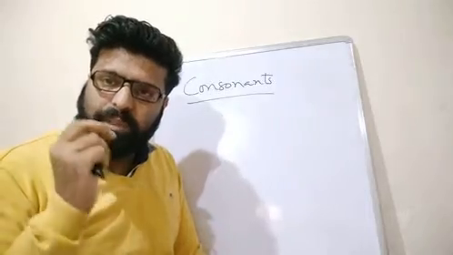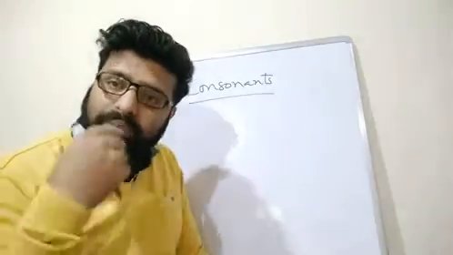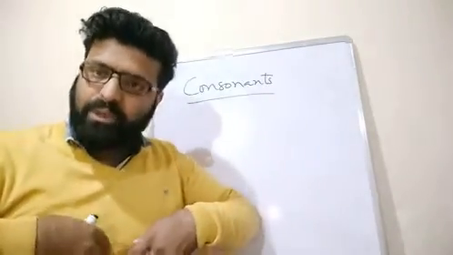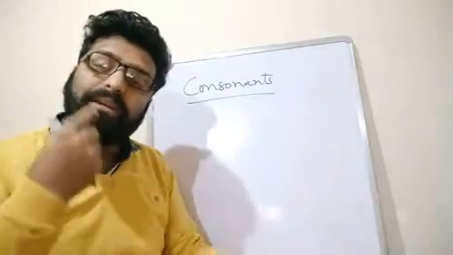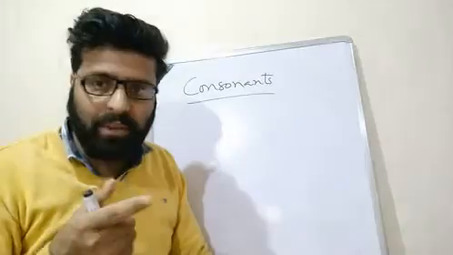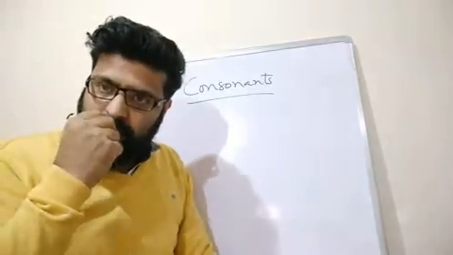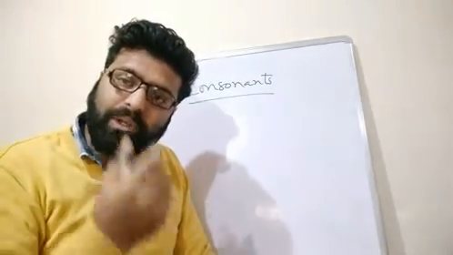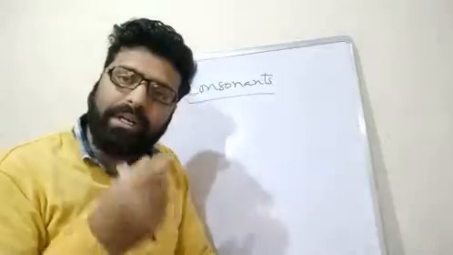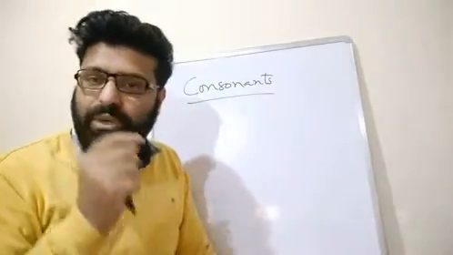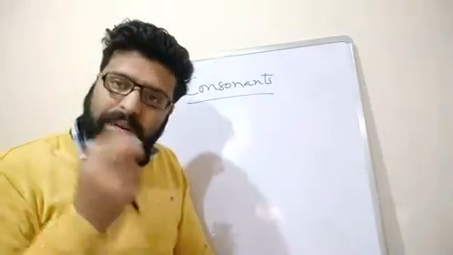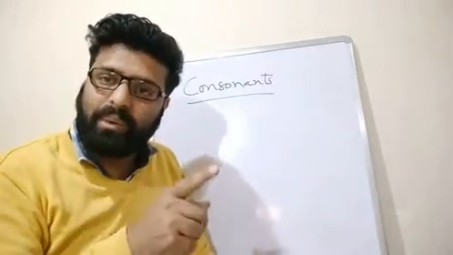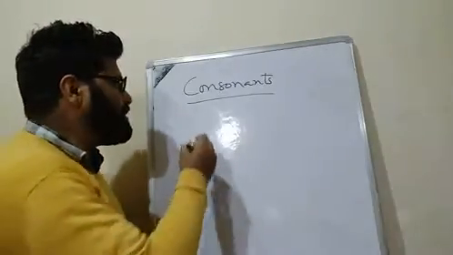Consonants are those speech sounds in which the flow of air, the air which actually comes from our lungs and when it reaches the glottis and finally it reaches our oral cavity, mouth, if that air passage, if the flow of air is stopped or obstructed by any part of our mouth, then the sound is a consonant.